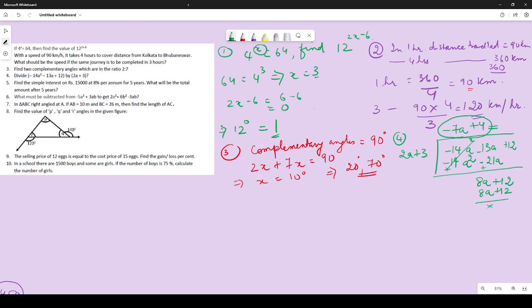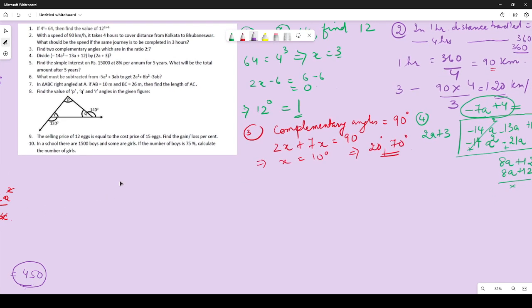Now let us come up with the next question, which is question number 5. What will be the simple interest on 15,000 rupees at 8% per annum for 5 years? What will be the total amount after 5 years? So you remember the formula for simple interest, SI is equal to P into T into R by 100.